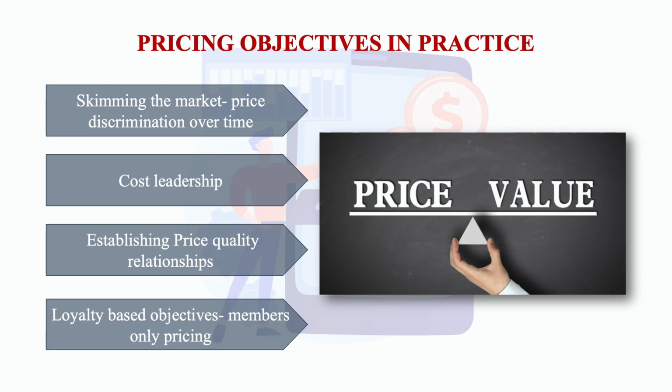Sometimes your objective is not to have the highest possible share in the market or the highest possible return. Your objective is to establish a long-term loyalty. Therefore, you have what is called membership-based pricing, which is different from other kinds of pricing. In the sense, people who are members get a lower price.